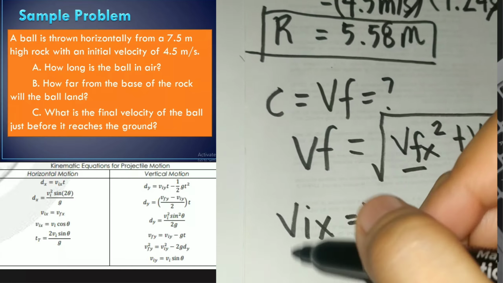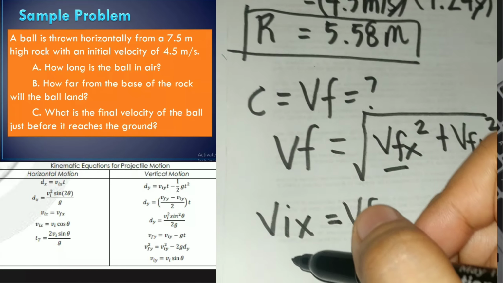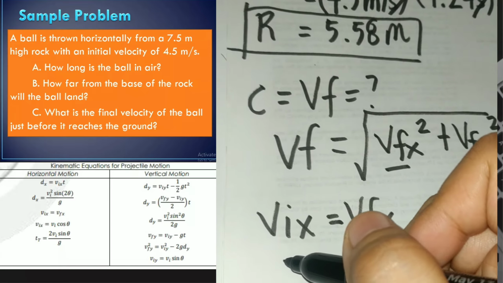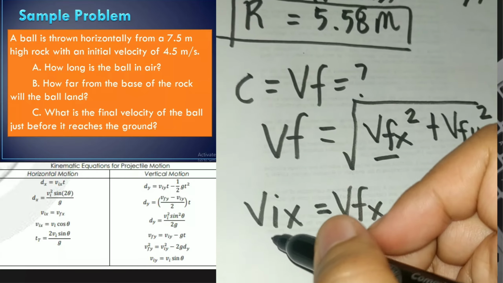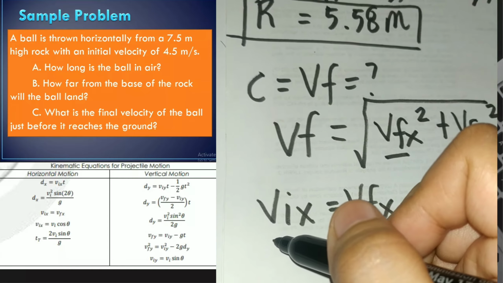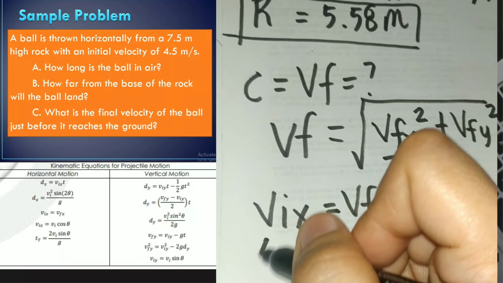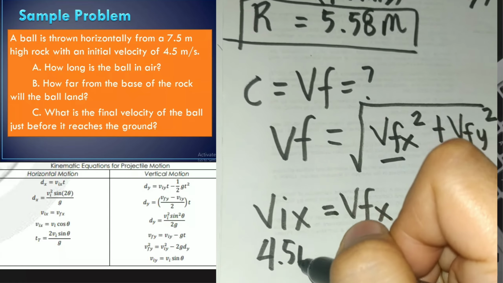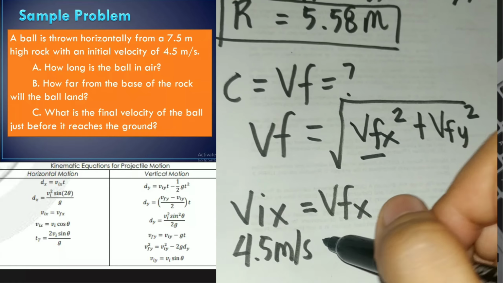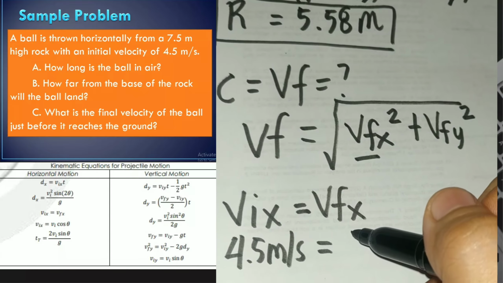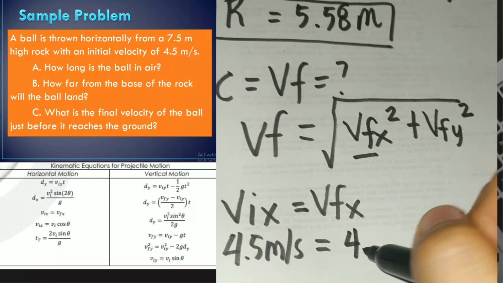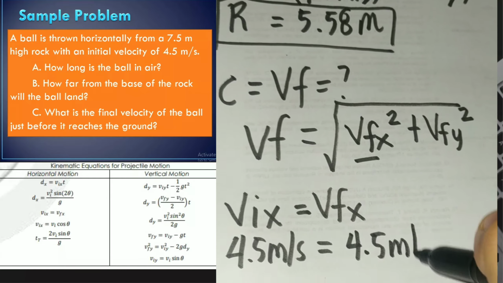They are the same because in projectile, the horizontal motion is uniform or constant. So if this is 4.5 meters per second, your final velocity along the horizontal is also 4.5 meters per second.